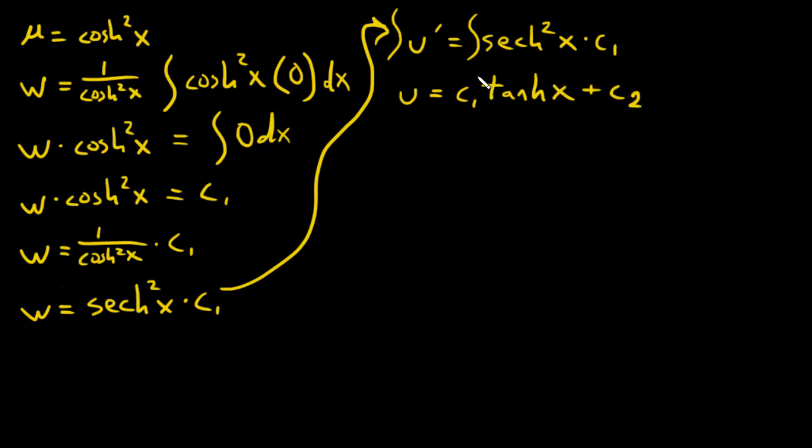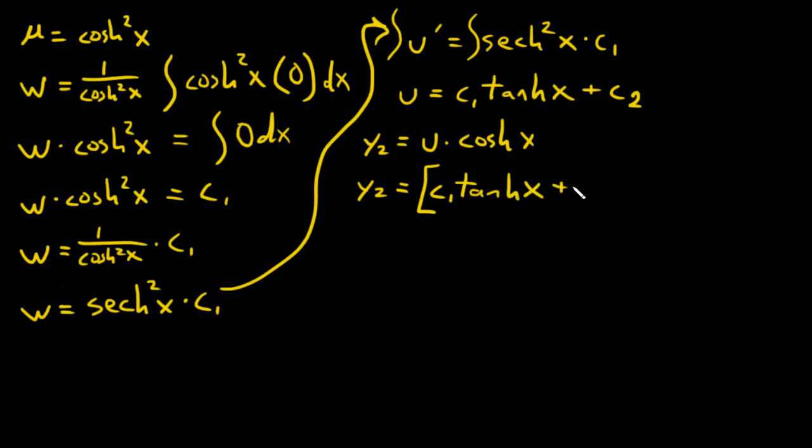Okay? So now I've got it in this form, and y2 was equal to u times what? You remember? Hyperbolic cosine x. Yep, cosh. So y2 is going to equal this u, c1 hyperbolic tangent x plus c2, times hyperbolic cosine of x.